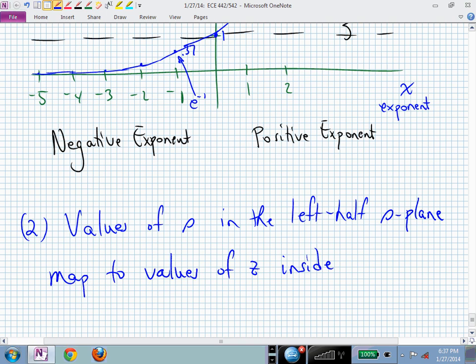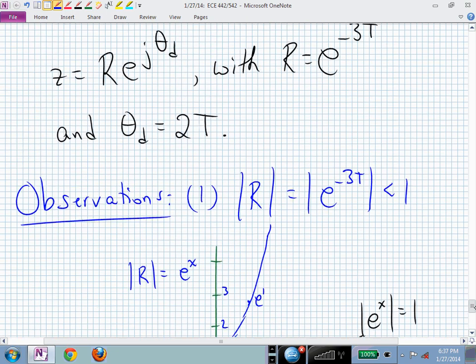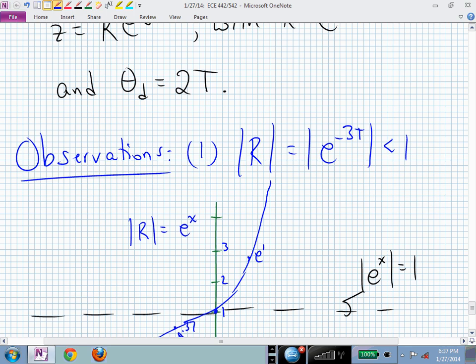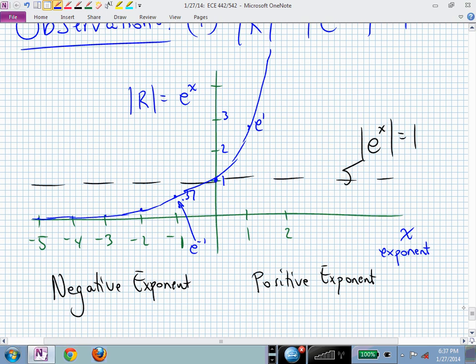Now, if you give me a point in the complex s-plane that's in the left half plane, it has a negative real part, doesn't it? So it's going to be an e to the minus something t. An e to the negative something t as a magnitude is going to be below this line. So it's going to be in here, isn't it, value-wise? So now I'm concentrating on a magnitude. The angle of it could be anywhere, but the magnitude is less than 1. That's where this unit circle comes from.